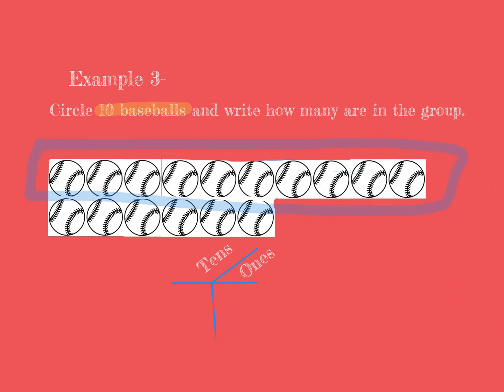So we put a 1 in the tens place. Now we count how many we have left. 1, 2, 3, 4, 5, 6. So we put a 6 in the ones place. Therefore, we have 16 baseballs because we have one group of 10 and 6 left over.